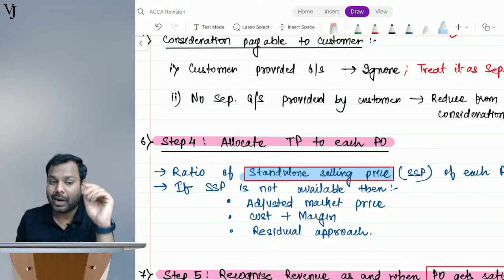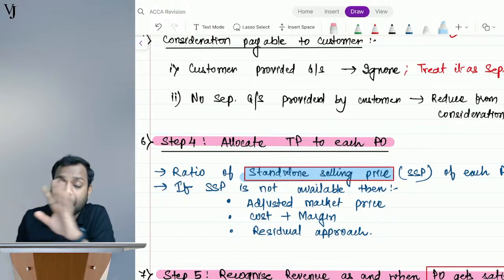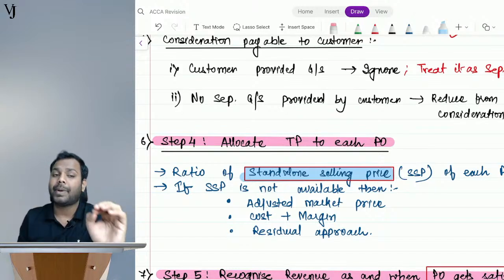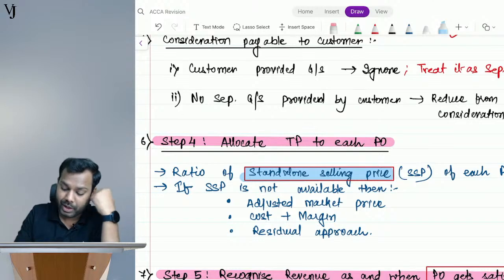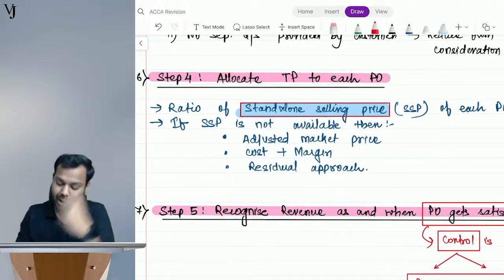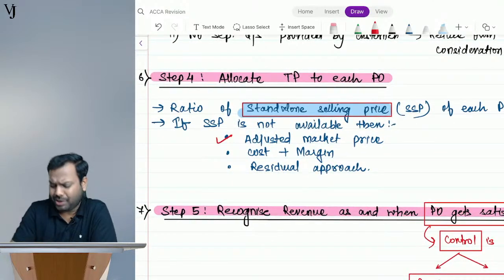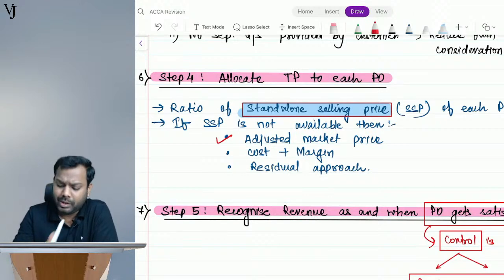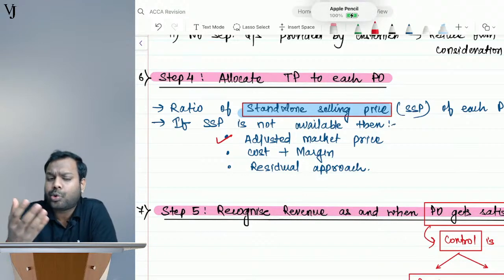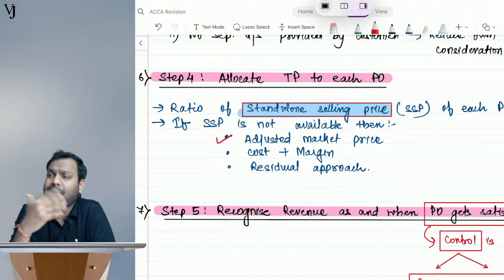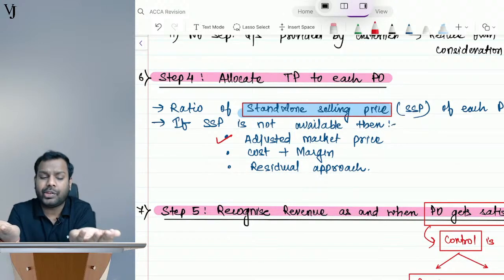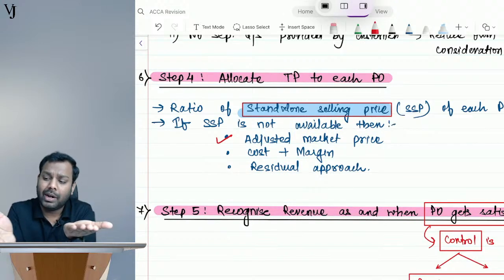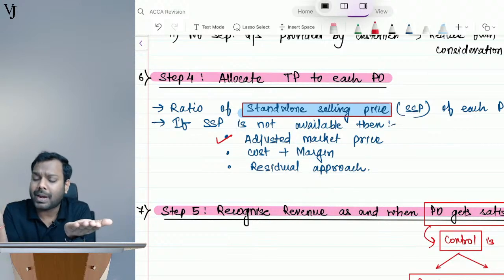But the standard says that if the standalone selling price is not available, then you can take the adjusted market price. Now what is the meaning of adjusted market price? In the market, similar goods or services might have been sold. What is the price for that? What is the difference in the features between the product which you are selling and the product being sold in the market? Adjust your market price accordingly.